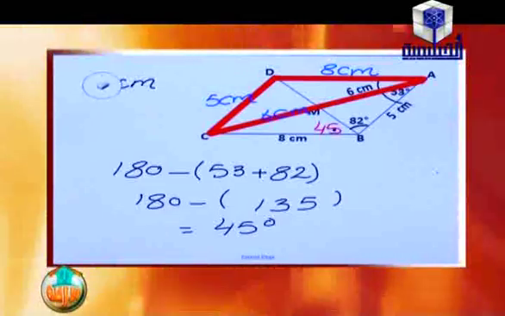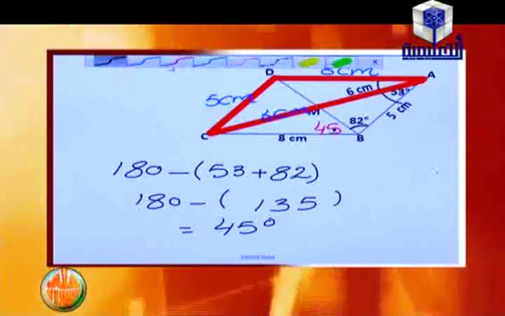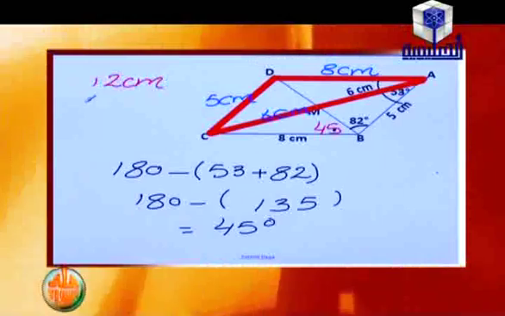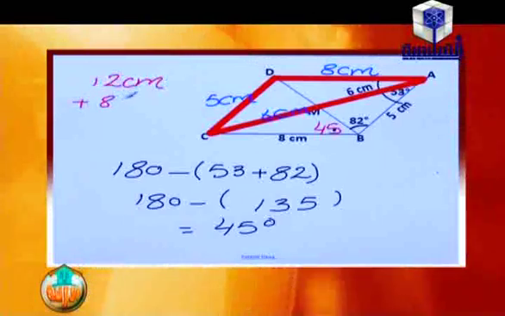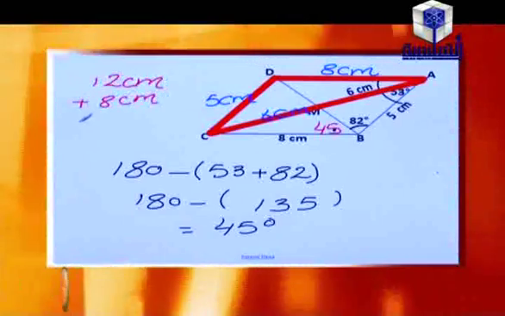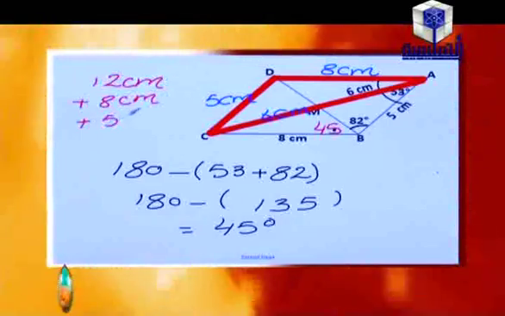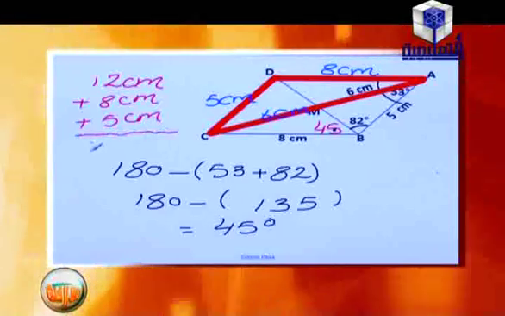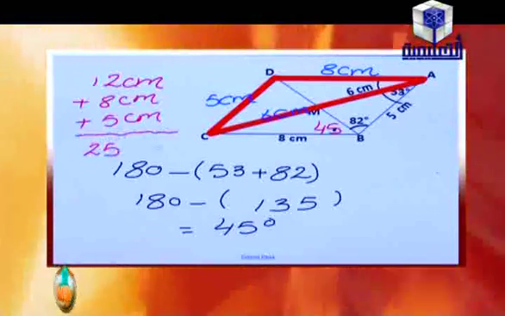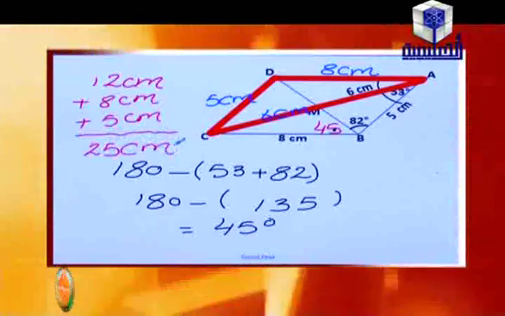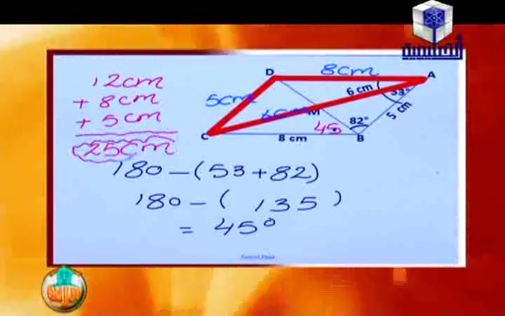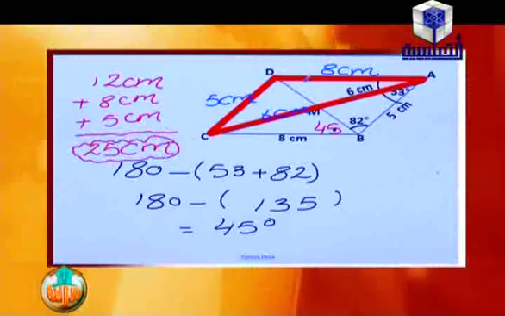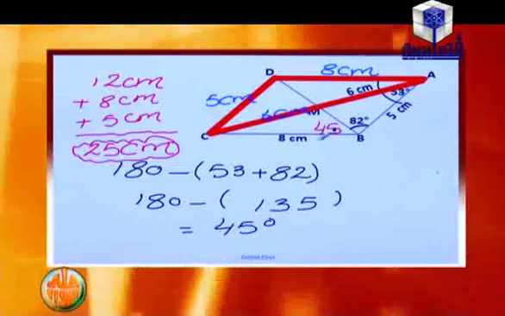You can see 12 here. 12 centimeters plus 8 centimeters plus 5 centimeters equals 25 centimeters. So the perimeter of the indicated triangle equals 25 centimeters by adding the 3 sides.